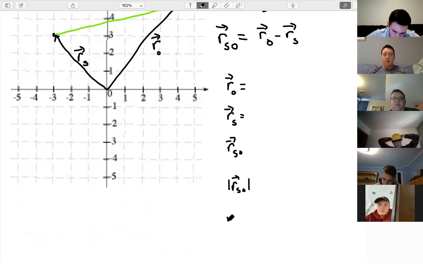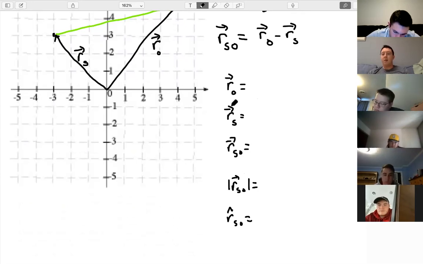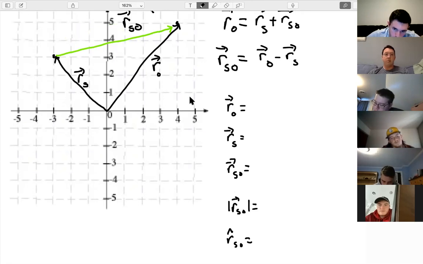And what is R_SO hat? We will go through this process over and over and over for problems, so let's start today. Look at this picture. It's a 2D problem. You don't have to worry about the Z direction, so it's just X and Y. Work it out.